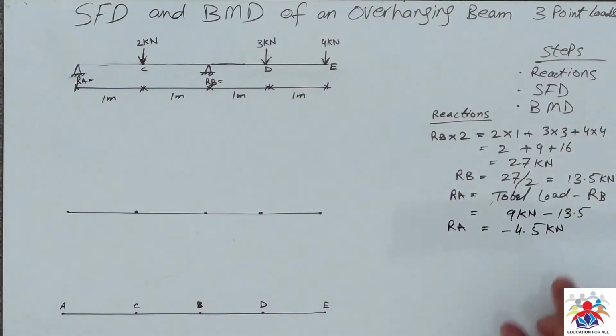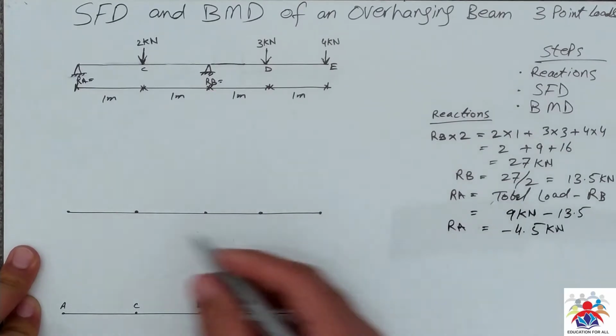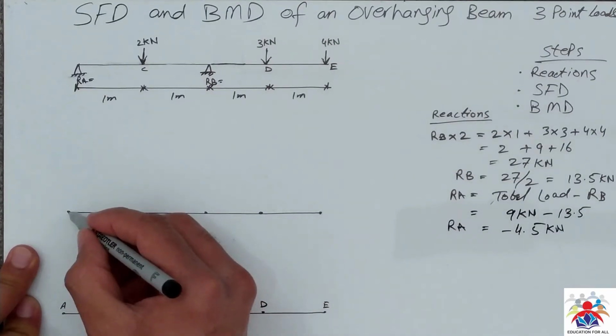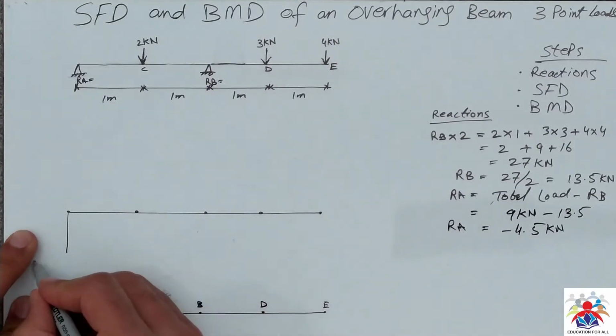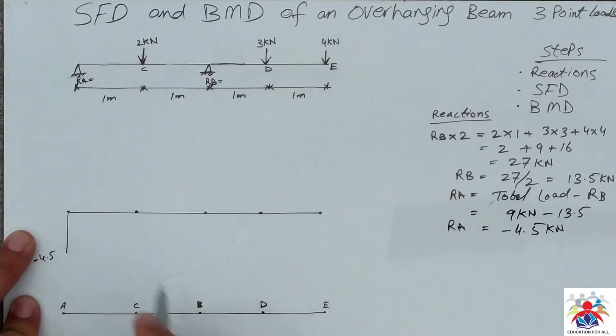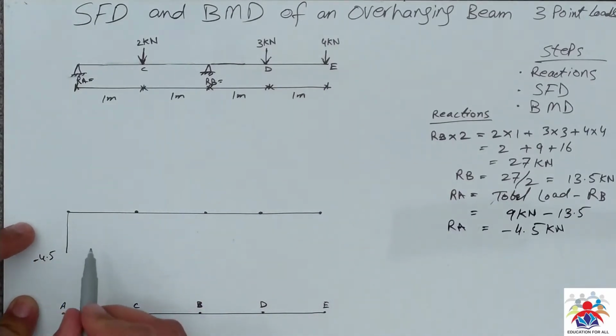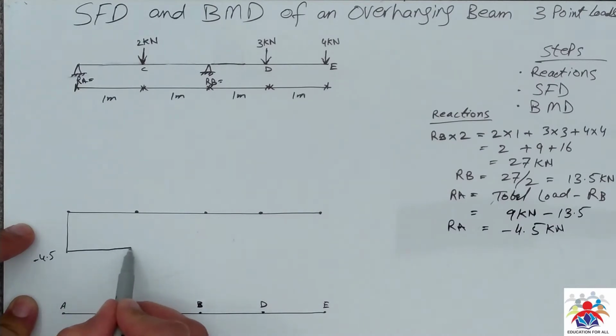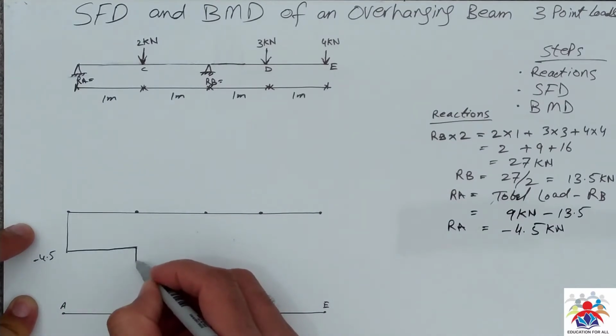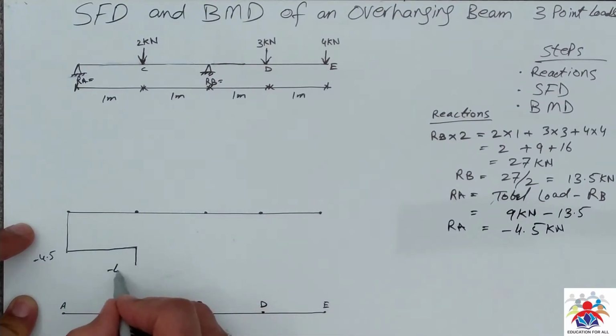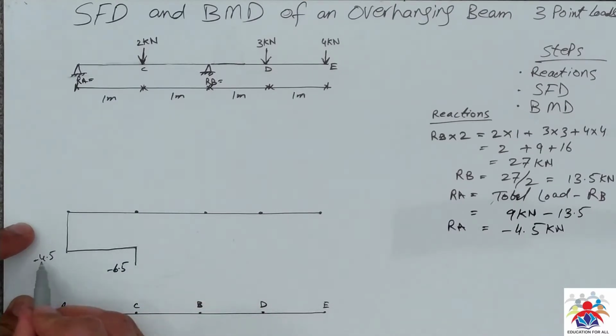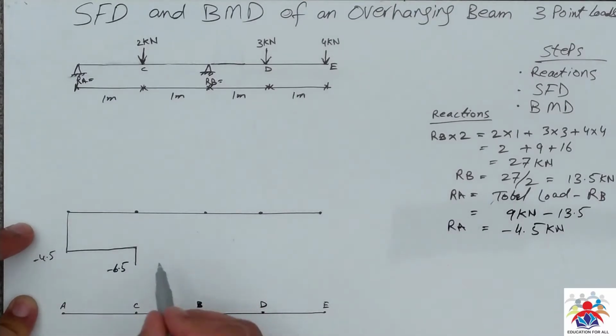Based on these numbers we can draw the shear force diagram. At RA it is minus 4.5, so we will come down to minus 4.5. Then we will move to point C with a straight line. Then we will go down 2 kilonewton, so it will be minus 6.5 kilonewton; 4.5 plus 2, obviously going down.